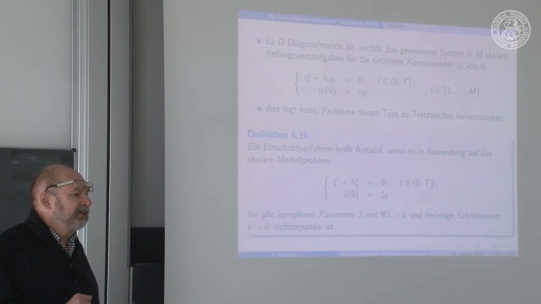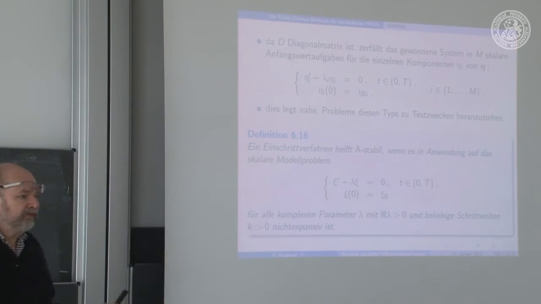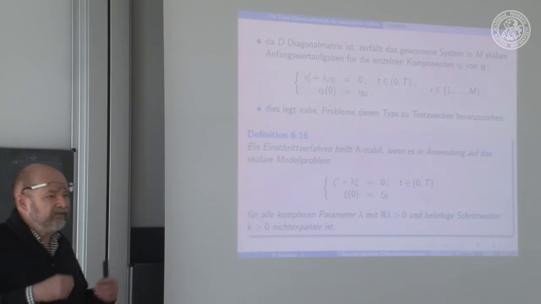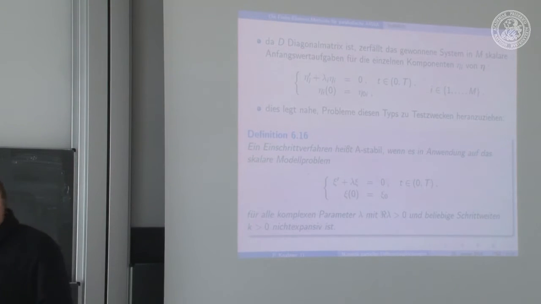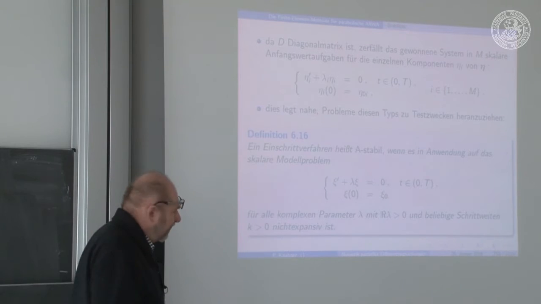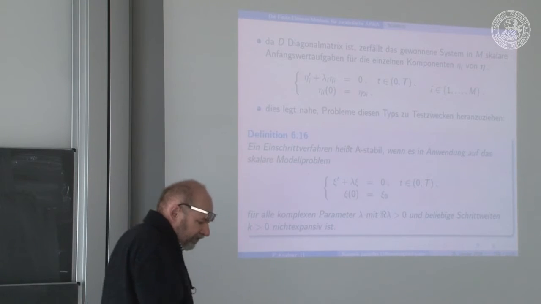Then we have the real part, which has this explosive or diminishing behavior, and we have an oscillating part. So the only thing complexity in the eigenvalues brings is that the solutions start to oscillate, but it does not influence their growth or diminishing. Therefore, only the real part.